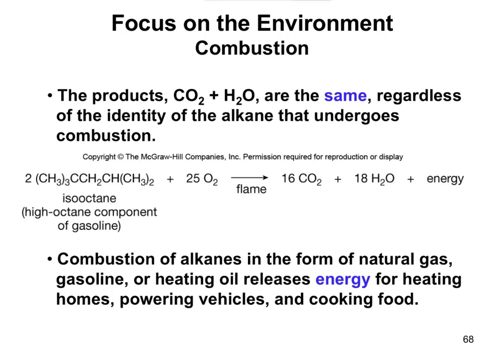So regardless of what your starting material is, like in this case it shows isooctane, which is the high octane component of gas, the products are always going to be CO2 and H2O. In other words, you're always going to end up with carbon dioxide, water, and a great deal of energy comes off of that as well, and that's the energy we use to heat things.